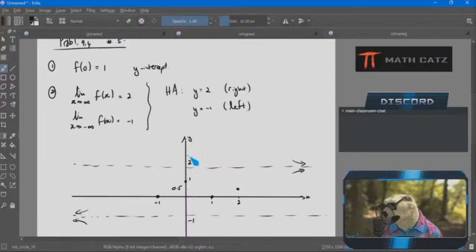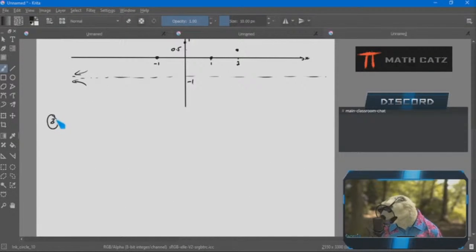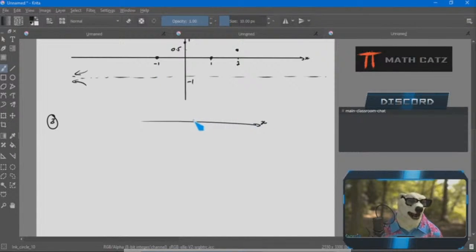Okay, let's see what step 3 tells me, and maybe it will shine some light on what's happening here. I have an x-axis, a number line, that is split up at 0 and 1.